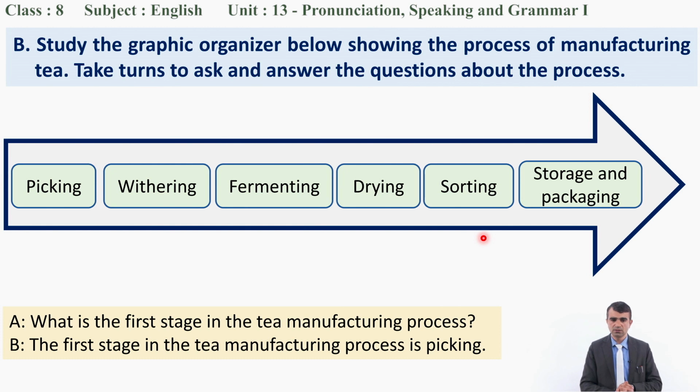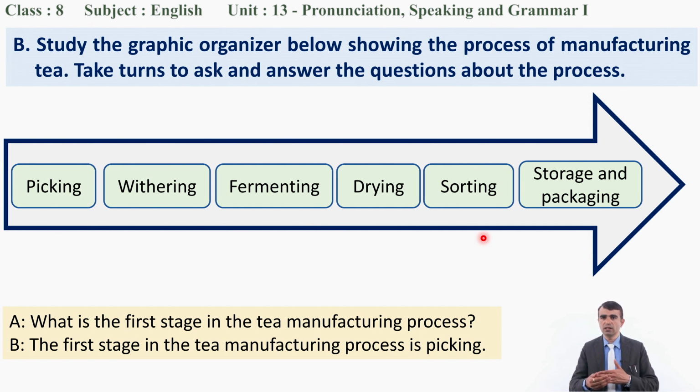Or, picking is the first stage in the tea manufacturing process. Or if you try a simple question and quick answer, you can ask, what is the first step or stage of the tea manufacturing process? And the answer may be picking, simply, isn't it?